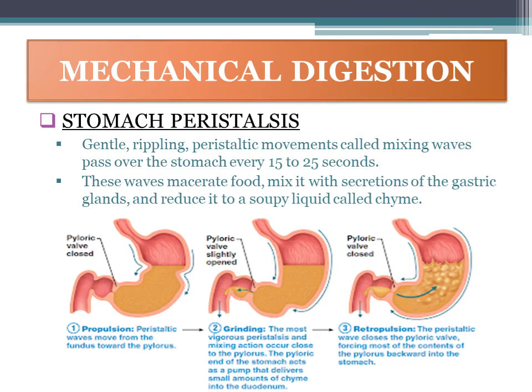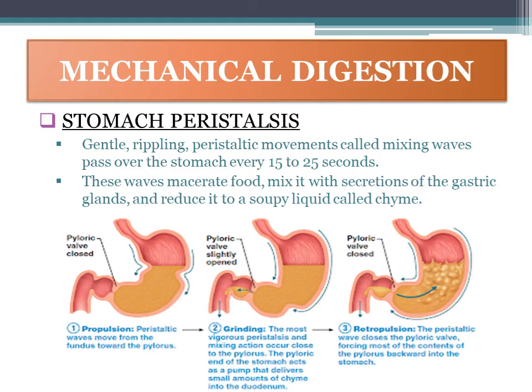This stomach peristalsis basically has 3 steps. The first step is propulsion, where the peristaltic wave moves from the fundus toward the pylorus. The second step is grinding. Grinding is the most vigorous peristalsis and mixing action, occurring close to the pylorus.